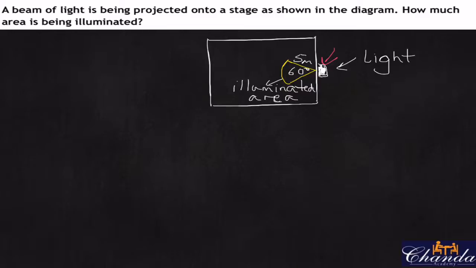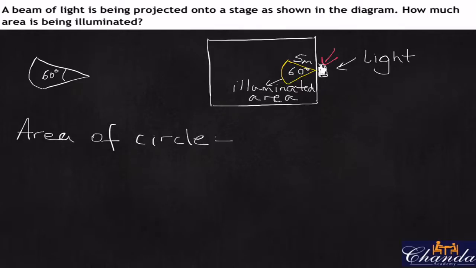Now, you might have already guessed, guys, that this is simply a sector, which is just a proportion of a circle. And the sector in this case is 60 degrees. Now, we know that the area of a circle is given by pi times r squared.